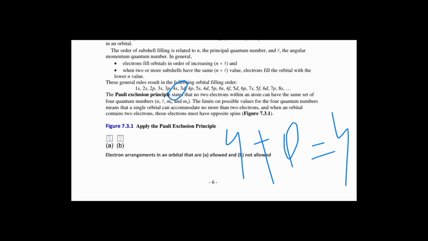So 3d has 5, so we will fill that orbital first, which has the lower n value.